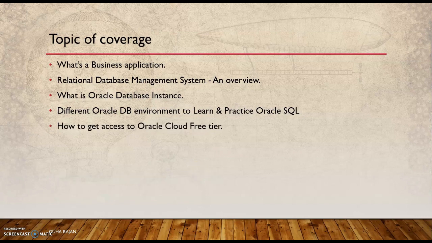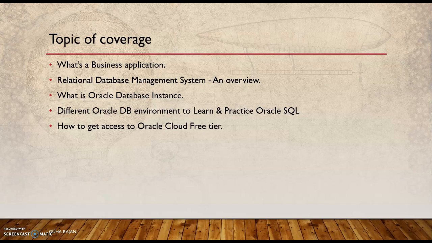Post that I'll be discussing how to get the Oracle Cloud Infrastructure free tier. About a year back, Oracle came up with the Oracle Cloud free tier, that is the always free tier, wherein you'll get the Oracle database, 2 instances of Oracle Autonomous Database, 2 instances of 20 GB, and then you also get the compute instance through which you can create virtual machines, like a Linux virtual machine.